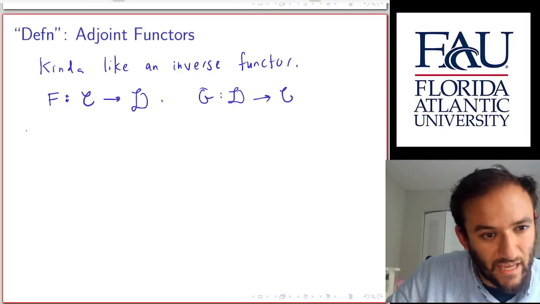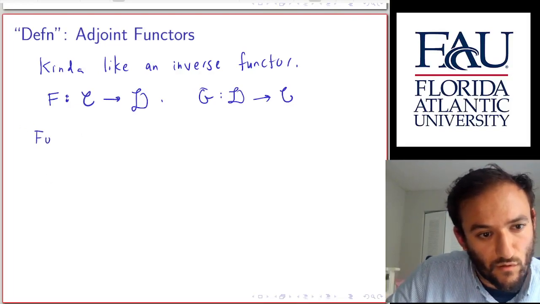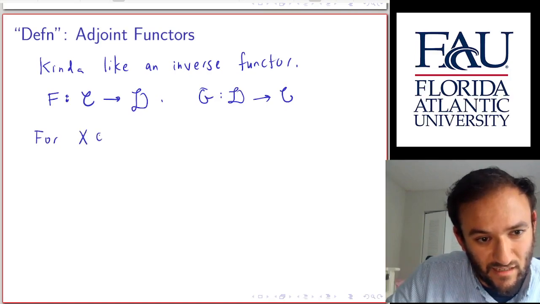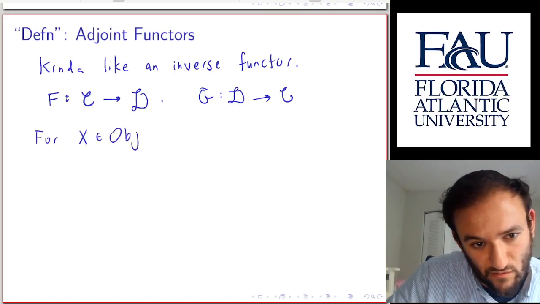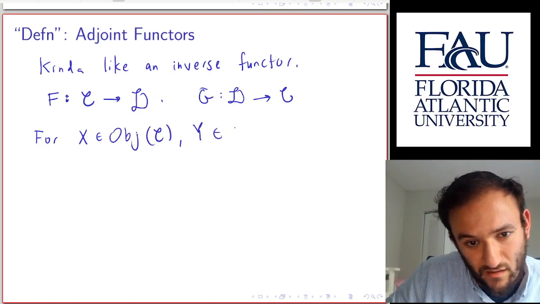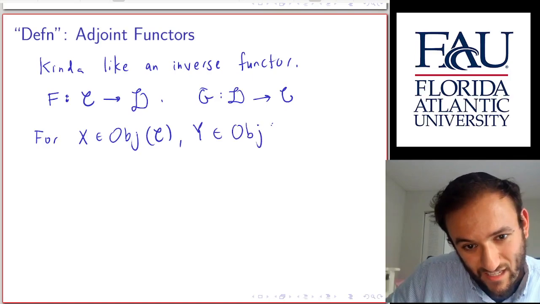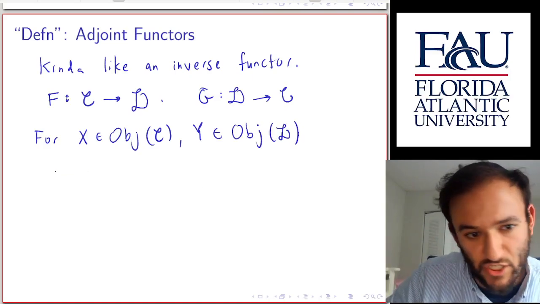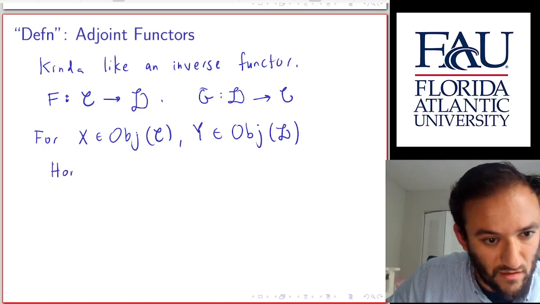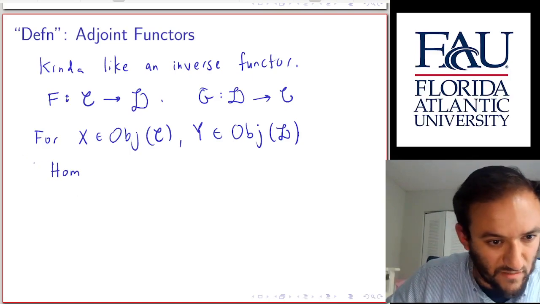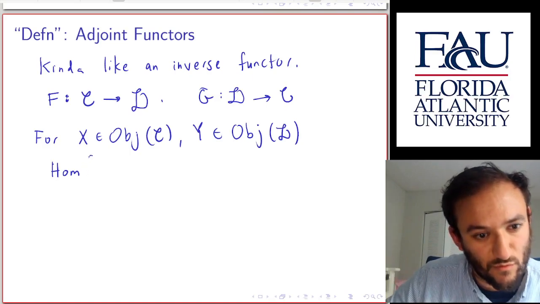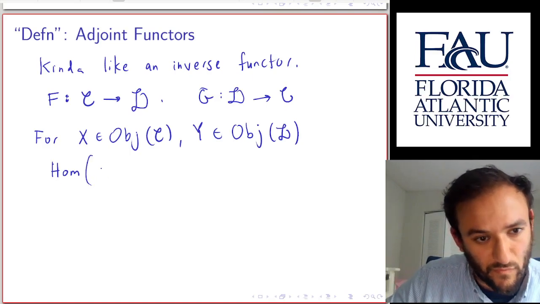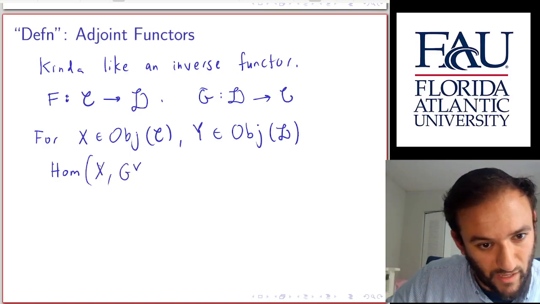So if we take an object x in category C, and an object y in category D, then we have the following bijection. The maps, or morphisms, sometimes we use hom, sometimes morphisms, of x to g of y.